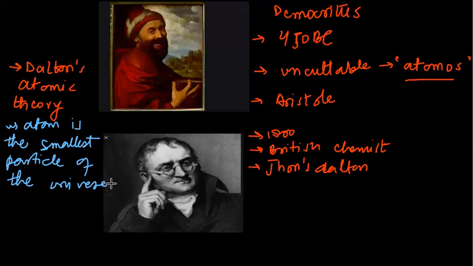This is because of the different combinations of those atoms, which produce different types of molecules or compounds. Because Dalton's theory was supported by experimentation, it was widely accepted, and this was the first time the word atom came into being.